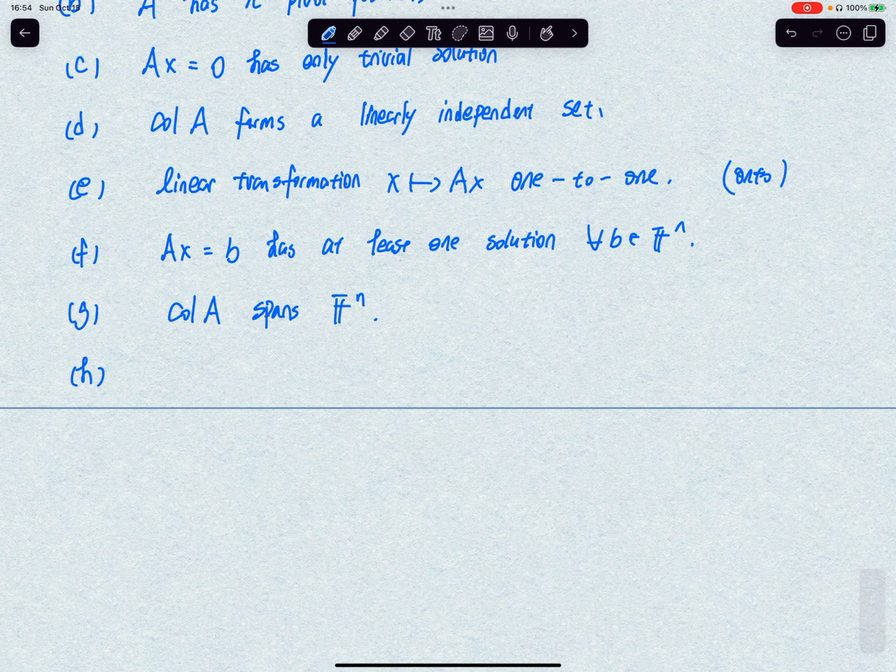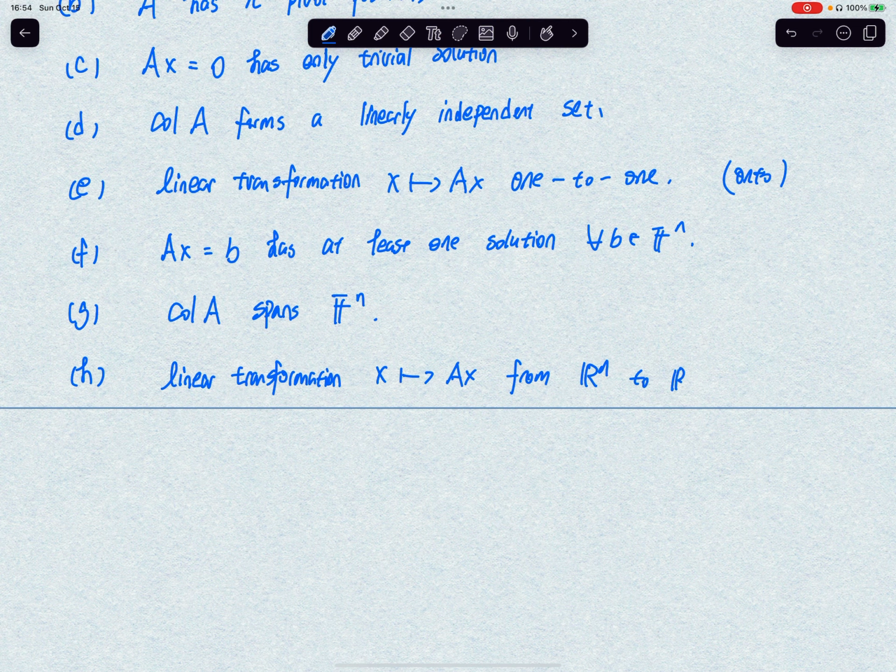We also have that the linear transformation x maps to Ax from R^n to R^n is surjective. That is, it is onto. So we have it is 1 to 1 and we have it is surjective. So it is in fact bijective.